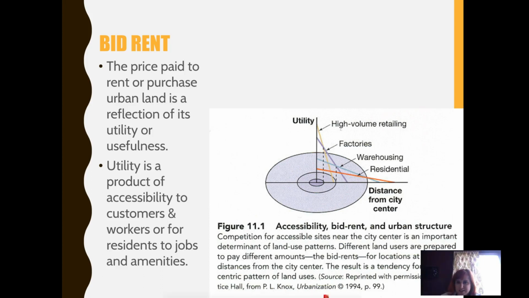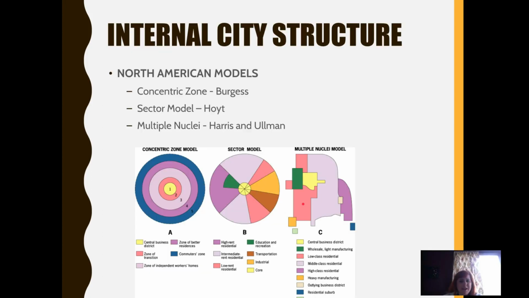They want to live in the suburbs because that's typically better housing. Does that make sense? I'm going to go over this more in class. It's a little confusing. But what you need to know is that the closer things are to the city center, probably the higher the rent for those things. That's the big takeaway.